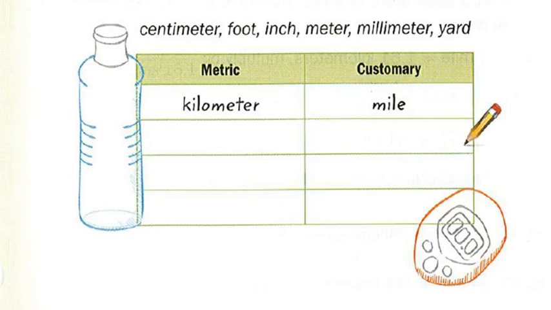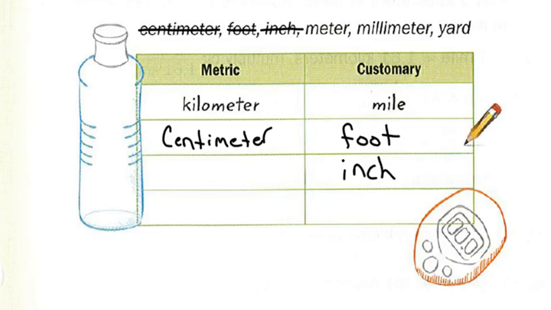Well, centimeter, first one here, that is a metric. Foot, that's a customary. Inch, that's another customary. That's one we use. Meter, that's over here in metric. Millimeter, that's another metric.